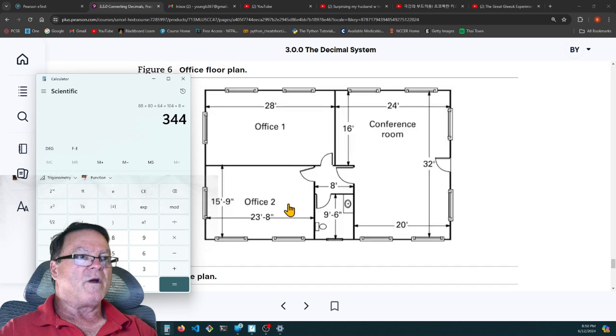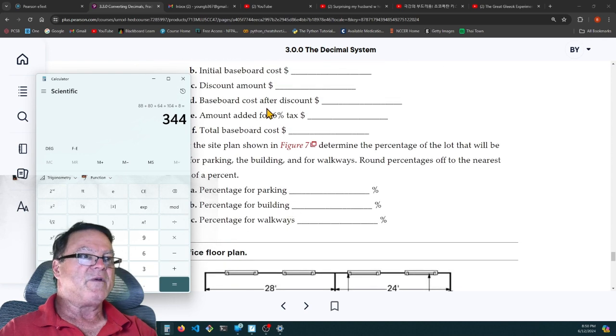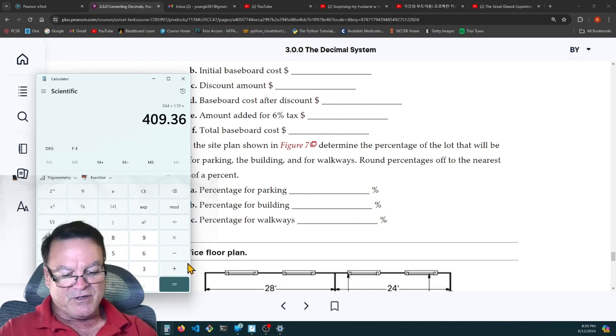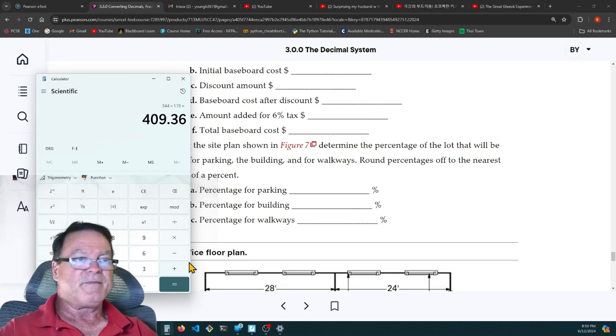So we'll go on to B, which says the initial baseboard cost. We're going to take our 344 linear feet times $1.19 per linear foot, gives us $409.36.